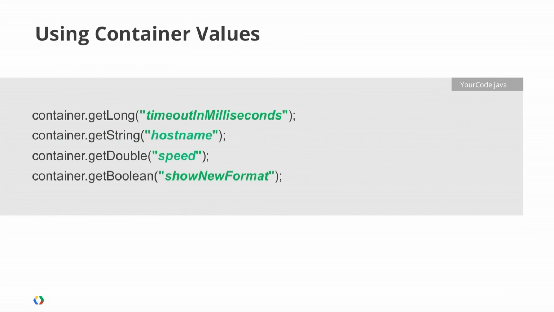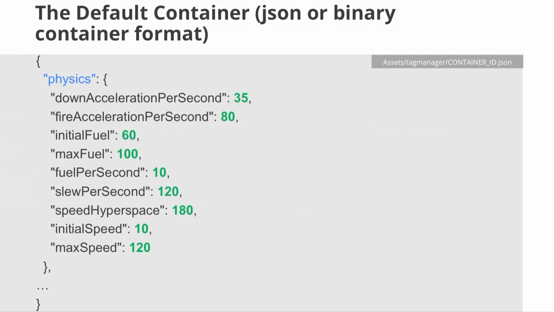Once you have that container, you have 4 very simple calls: get long, get string, get double, and get Boolean. You give a key, it gives you back the current value for that key. And it's really that simple. One thing to keep in mind, if there is no value defined for the key, it's not going to throw an exception or anything else. It'll return a default value: 0, false, an empty string.